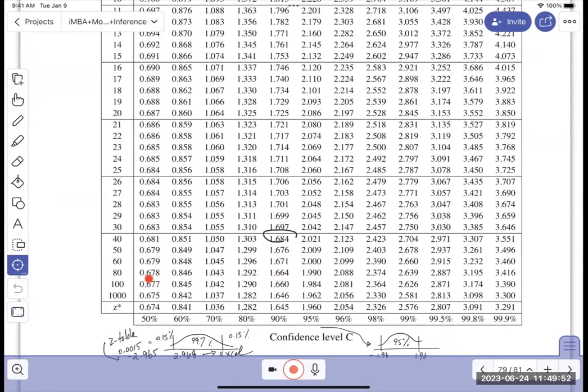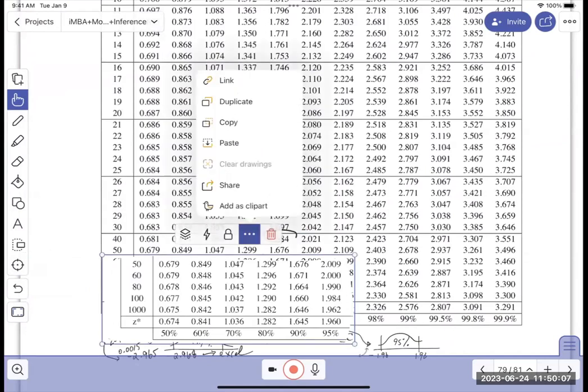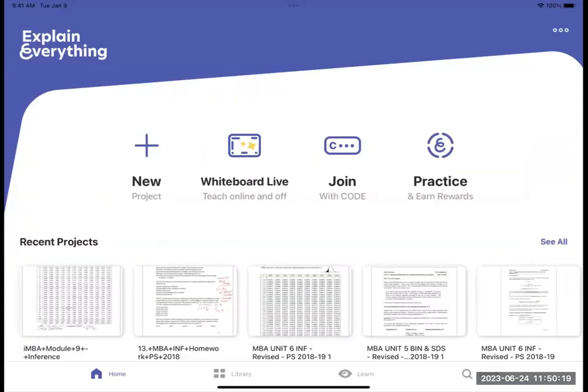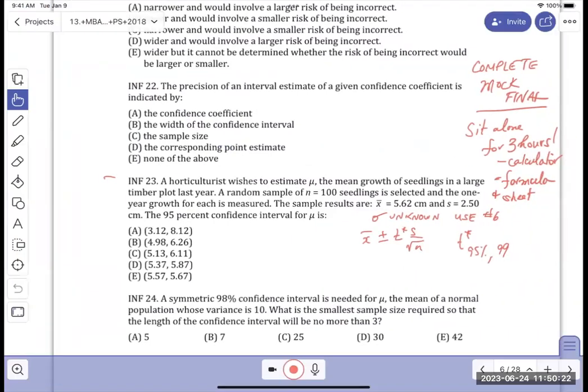So which one is chosen? Let me take this portion of the table with us. Now you could get the exact value, remember, using Excel. Let's actually do that before we go, and that's how we'll finish today.